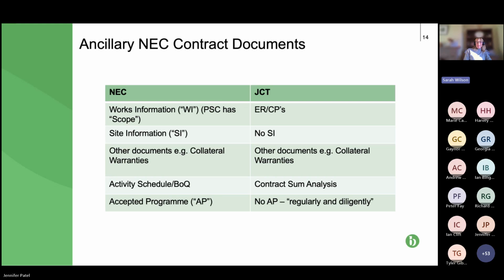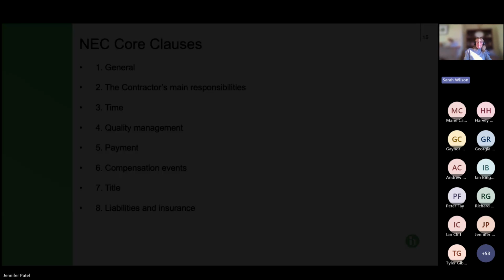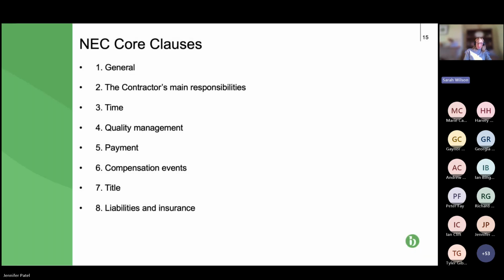Okay, so if we can move to the next slide, please, Jan. Okay, so these are the NEC core clauses. We've looked at these before, and apologies, please don't all start shouting. We've missed out number 9 at the end, termination. Apologies for that.